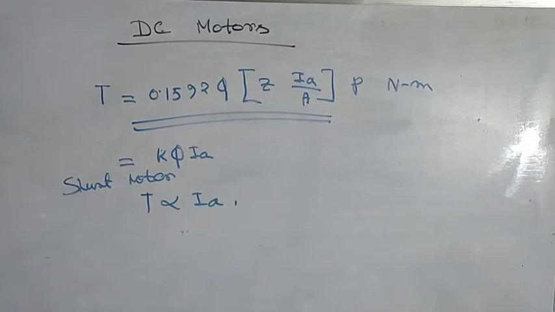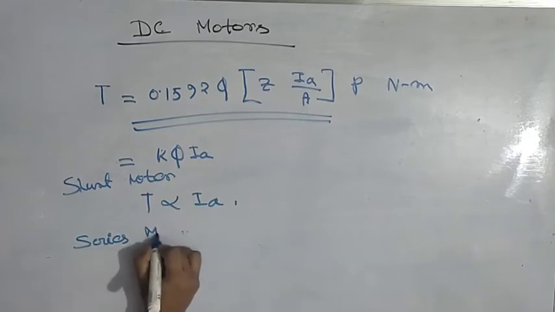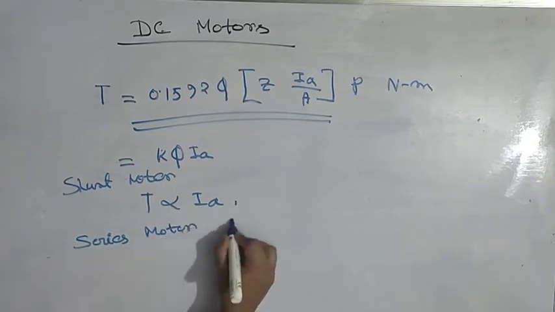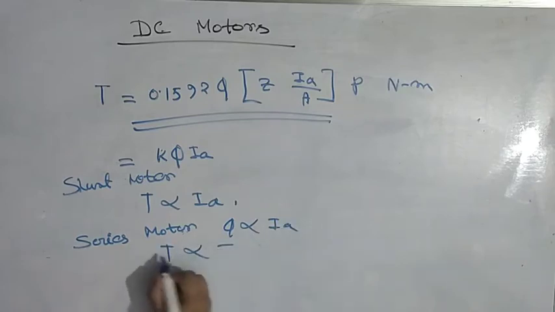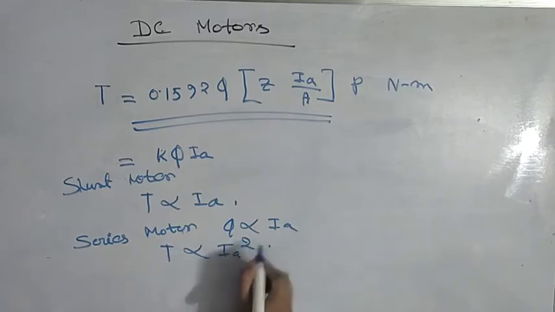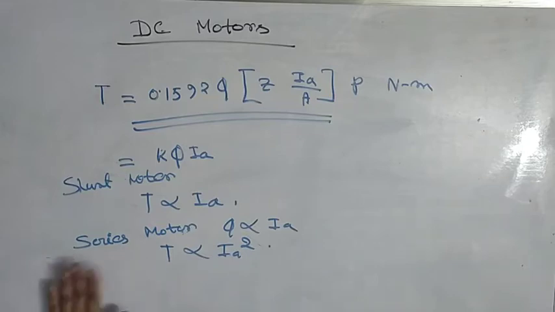Now in case of a series motor, you all know that flux is proportional to Ia. So T is proportional to Ia squared. That is, the variation of torque is greater than the corresponding variation in current in a series motor than in a shunt motor.